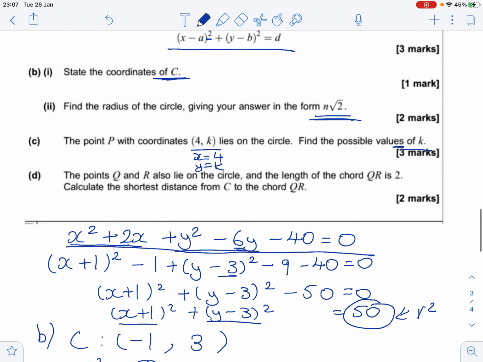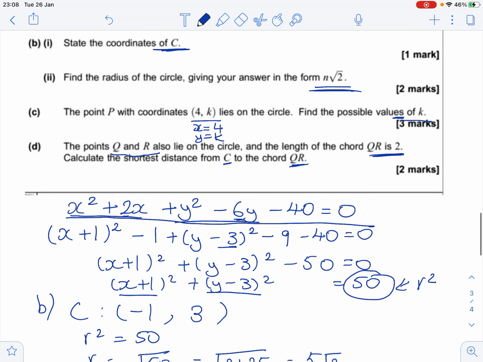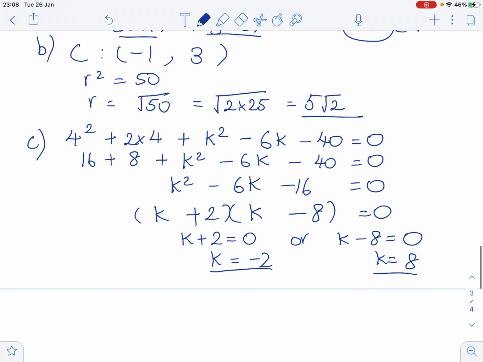Then part D. The points Q and R lie on the circle. The length of the chord QR is 2. Calculate the shortest distance from C to chord QR. So let's do a sketch of the diagram.